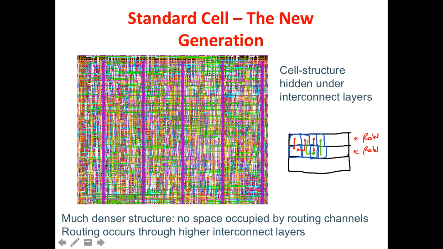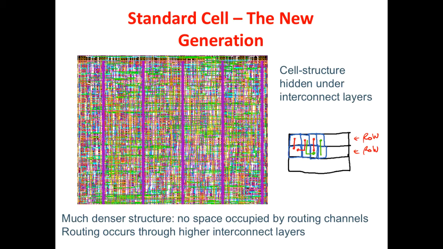The reason why this can be done only recently is that, for the first CMOS technologies, you only had 2 or 3 layers of metal. And for the new CMOS technology, you have up to 11 layers of metal. So you can use a few layers of metal for the interconnections in the cell, and then you can use the upper layers for the interconnections between the cells, on top of the cells.